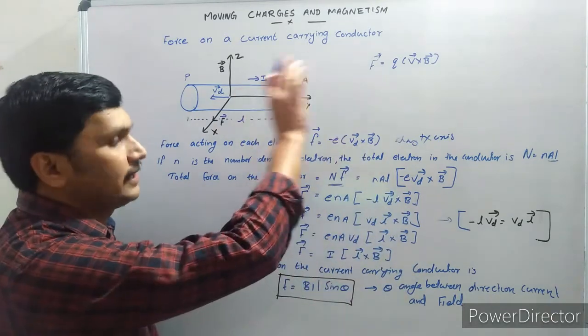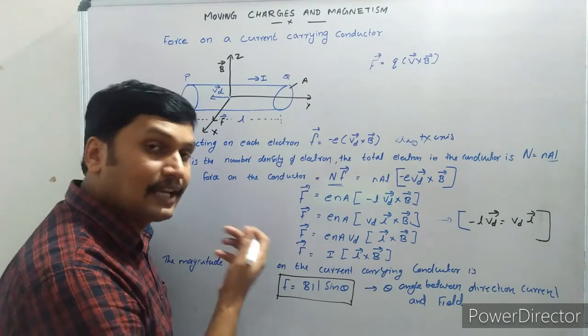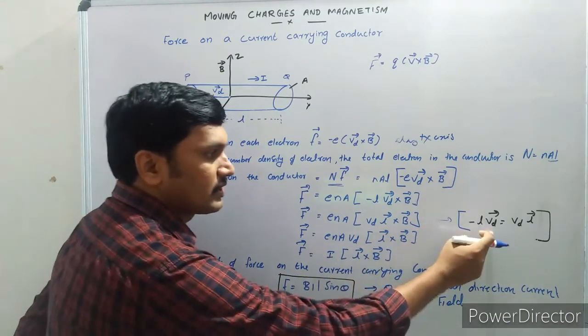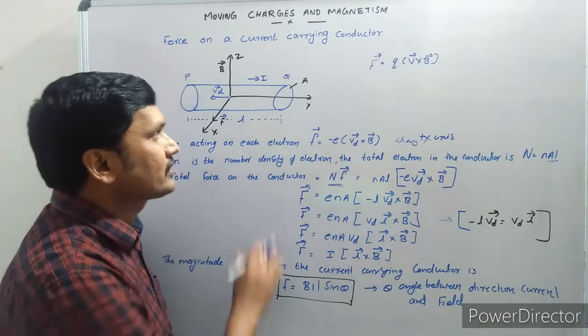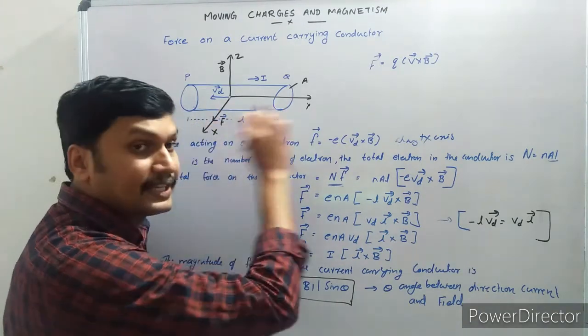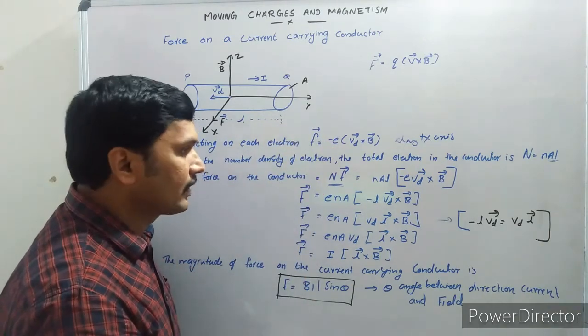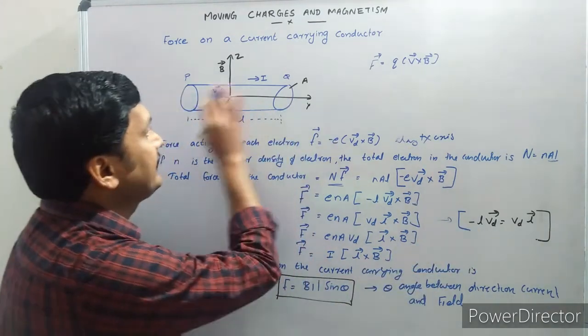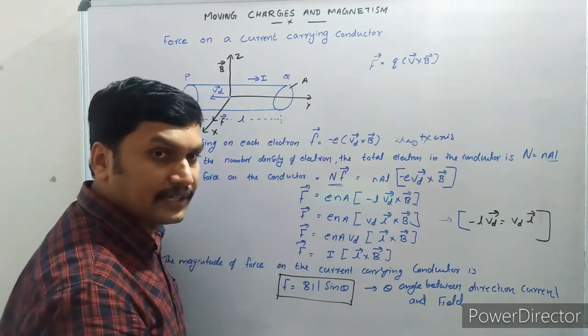Here we know that L and Vd are vectors because the direction of L is taken along the direction of current. So we can use this vector identity. L and Vd are opposite vectors.